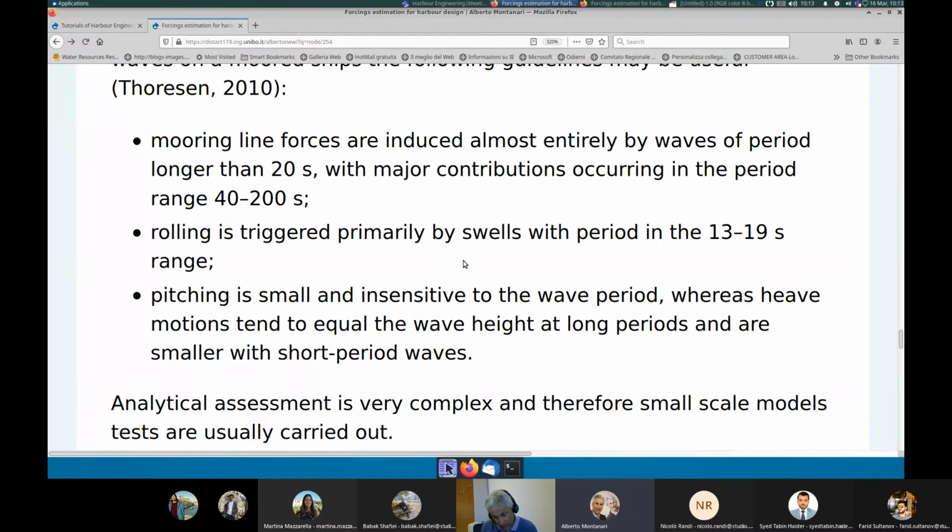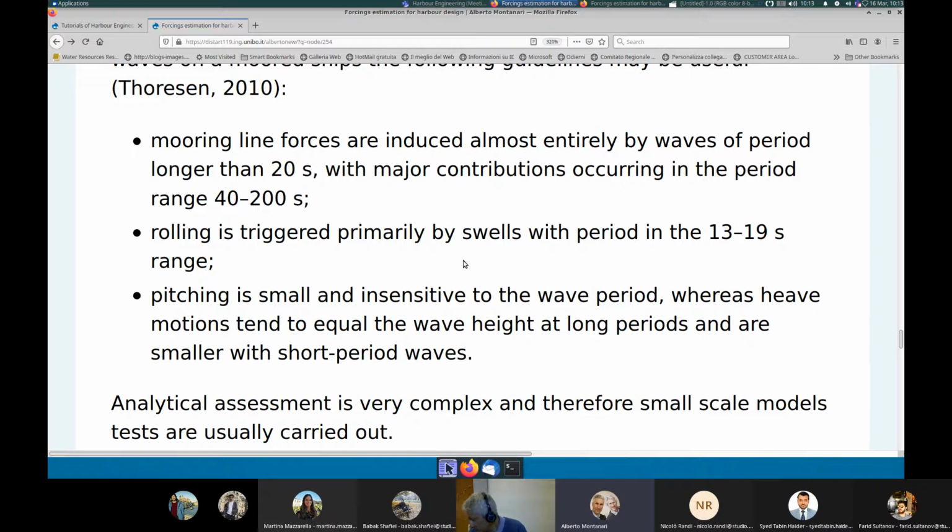And the interaction between waves and ships also depends on the direction of the wave and the behavior of the ship and the berthing structure. And why is this behavior so important with waves and less important with wind?